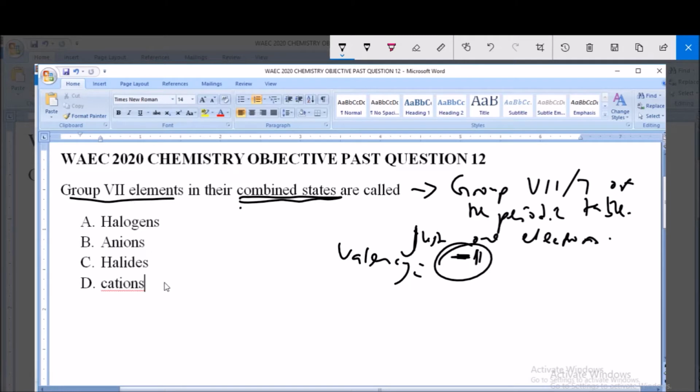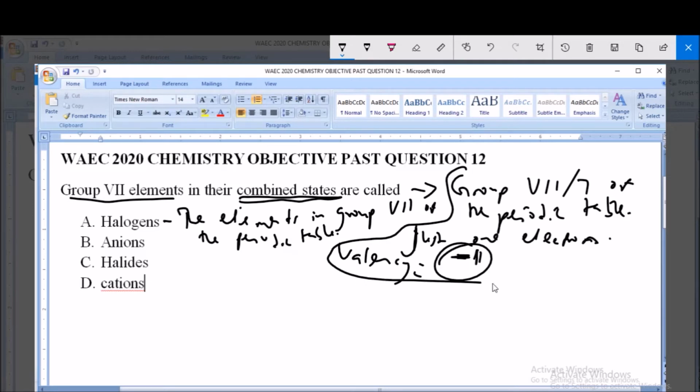So let's look at the definitions of each of the options to see which of them fits this description of group 7 elements in their combined states. Halogens are basically just the elements in group 7 of the periodic table, the elements themselves.